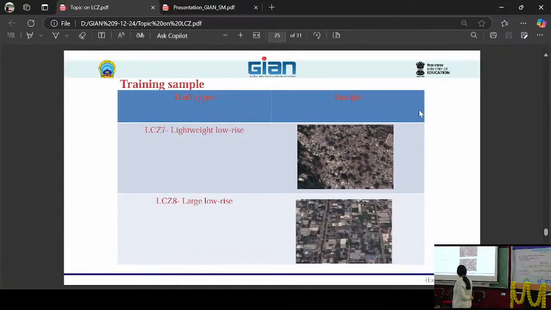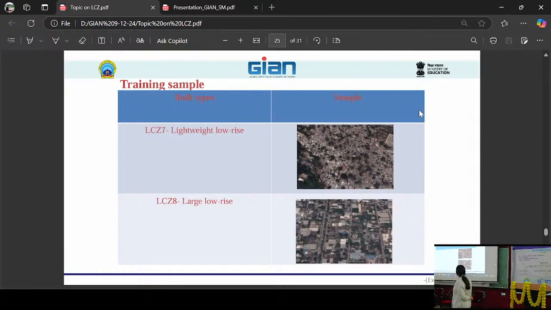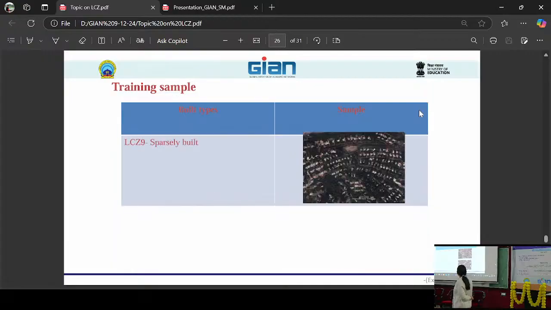Then lightweight housing is again slum housing, and large low-rise are industrial areas, and other areas are low-rise. Sparsely built is again the farmhouses and the bungalows which are there all over Bhopal.